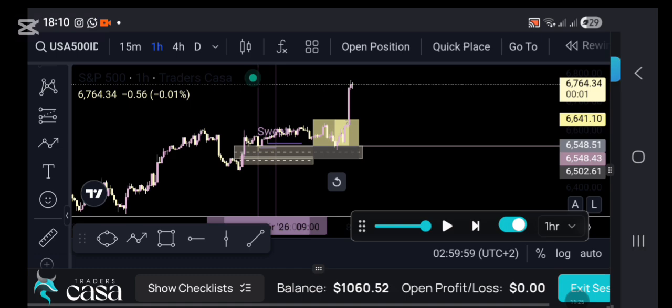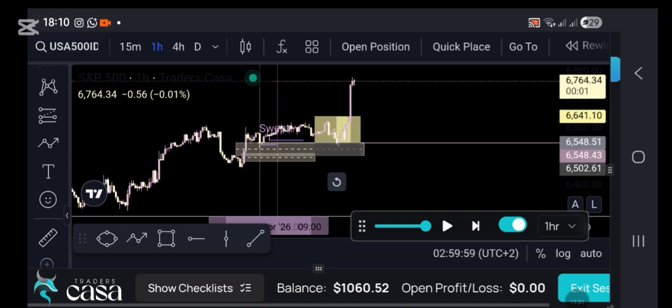But our P&L right now is $60.52. So we are gonna keep on risking 3% of the account until we double the account. So currently we are up 6%. Let's see what happens.